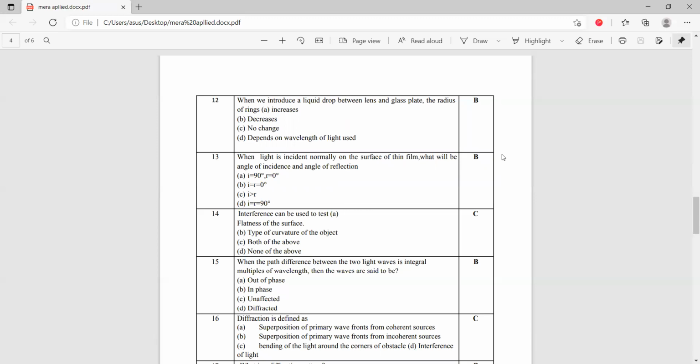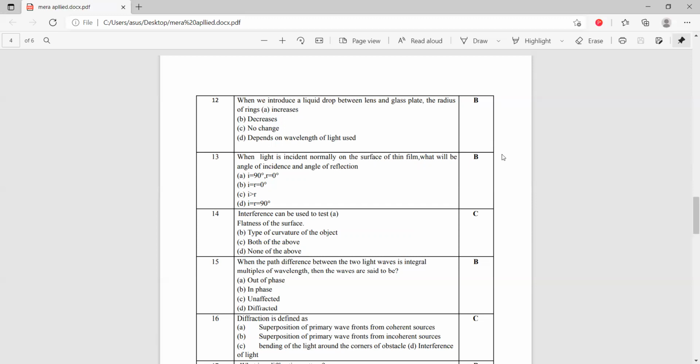13th question: when the light is incident normally on the surface of a thin film, what will be the angle of incidence and angle of reflection? Option A, angle of incidence equals 90 degrees, angle of reflection equals 0 degrees. Option B, angle of reflection and angle of incidence both are equal to 0 degrees.